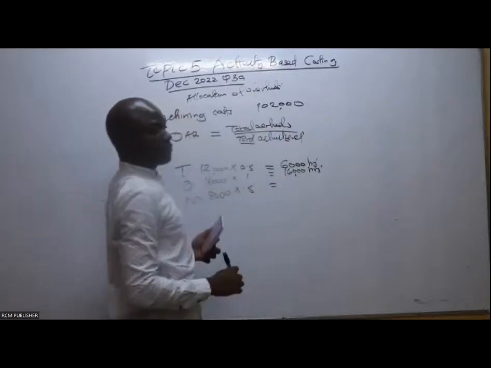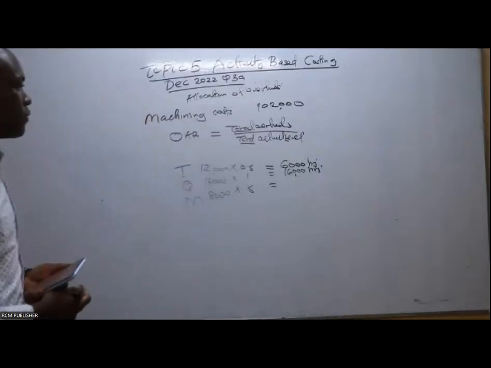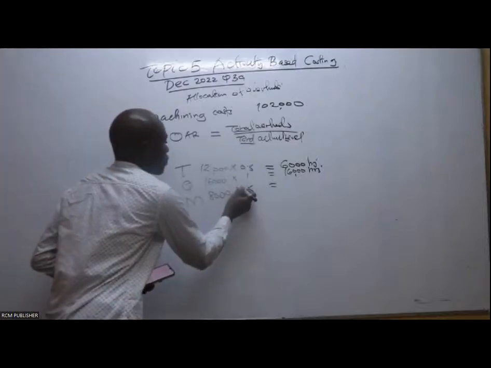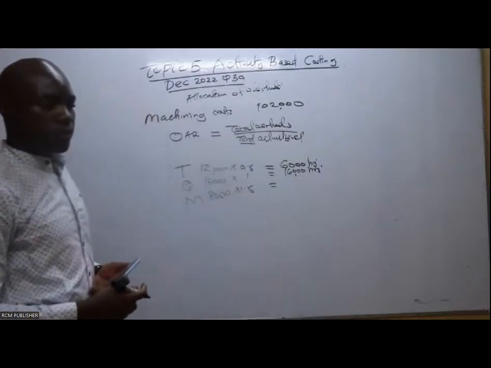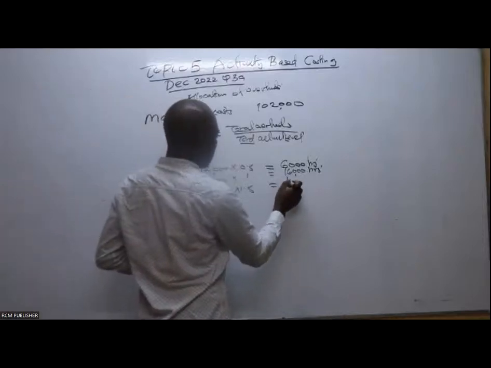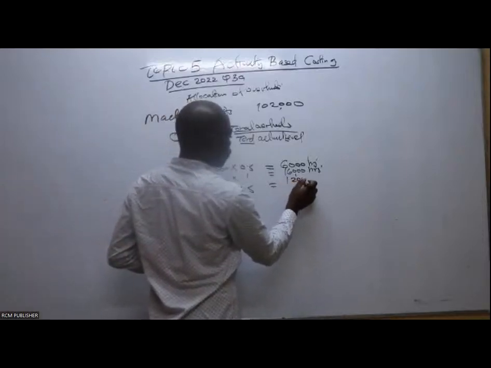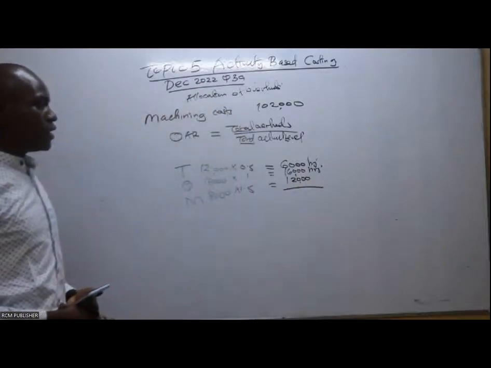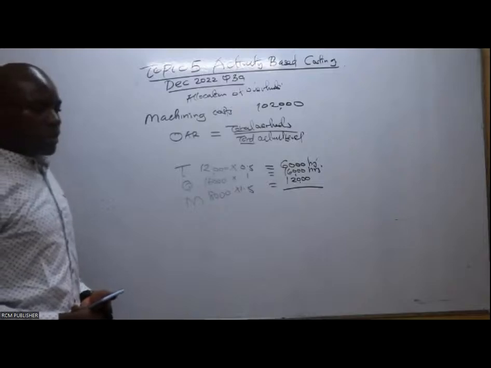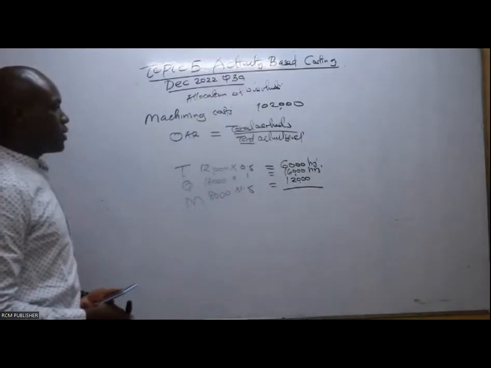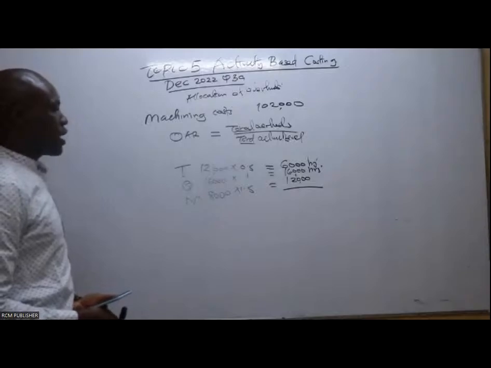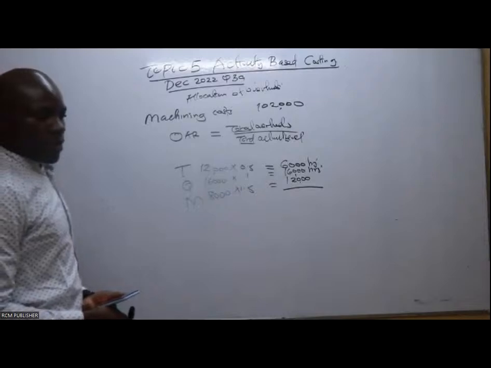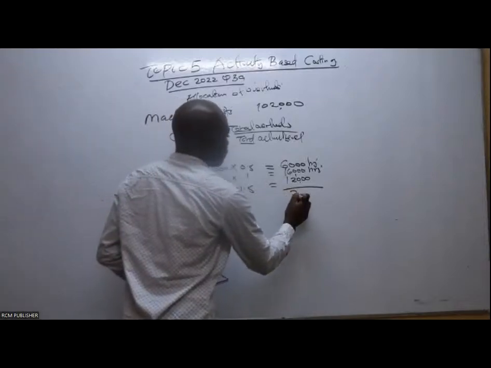What are we getting for product M? 8 times 1.5. I'm being told it is 12. So add everything: 12 plus 16, plus 6. How many will it be? 34,000.